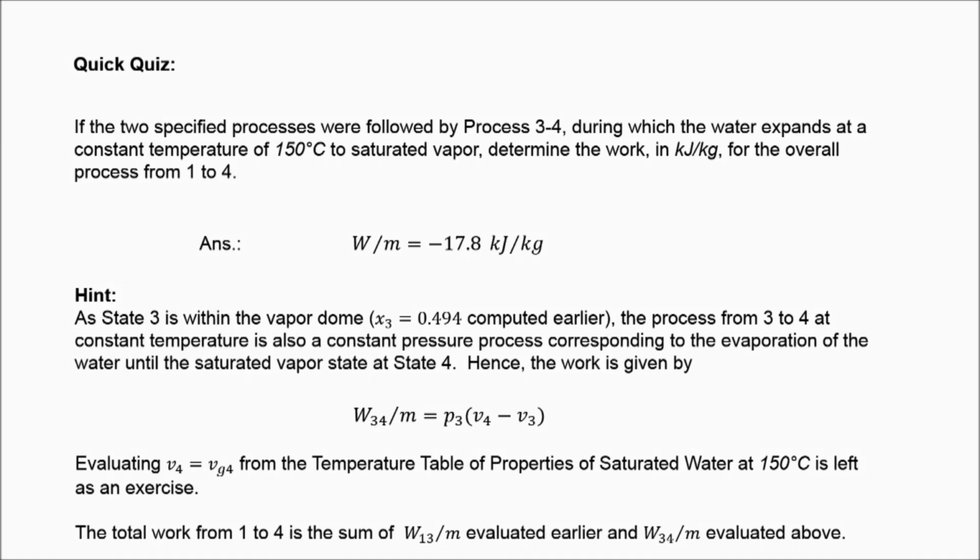The methodology will remain similar, evaluating relevant thermodynamic properties at each state, enabling us to evaluate energy changes by heat or work from one state to the other. This concludes the step-by-step solution of the example entitled Analyzing Two Processes in Series.